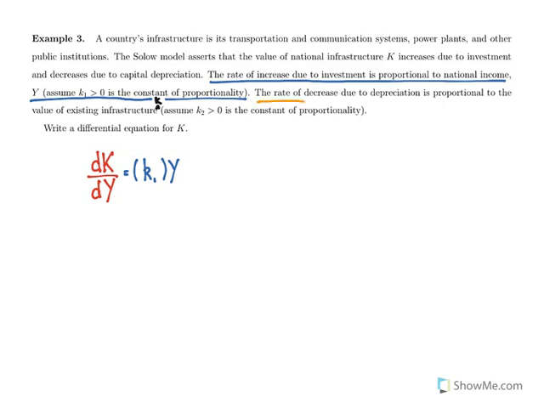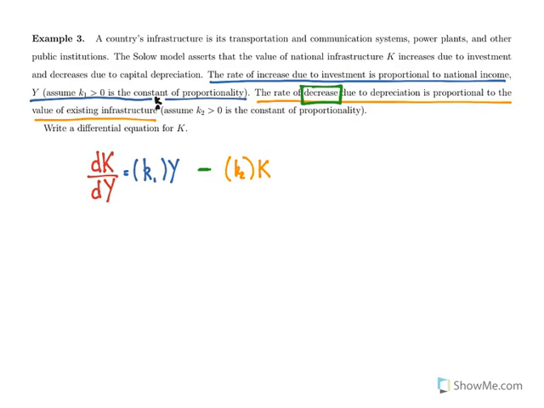The other one here, the rate of decrease due to depreciation is proportional to the value of existing infrastructure, that is K. So we're going to have here times K, and that's going to be times K2. And we're going to combine those, and this way we would just add, but since we have a decrease in the second part, then we need to subtract the second part.